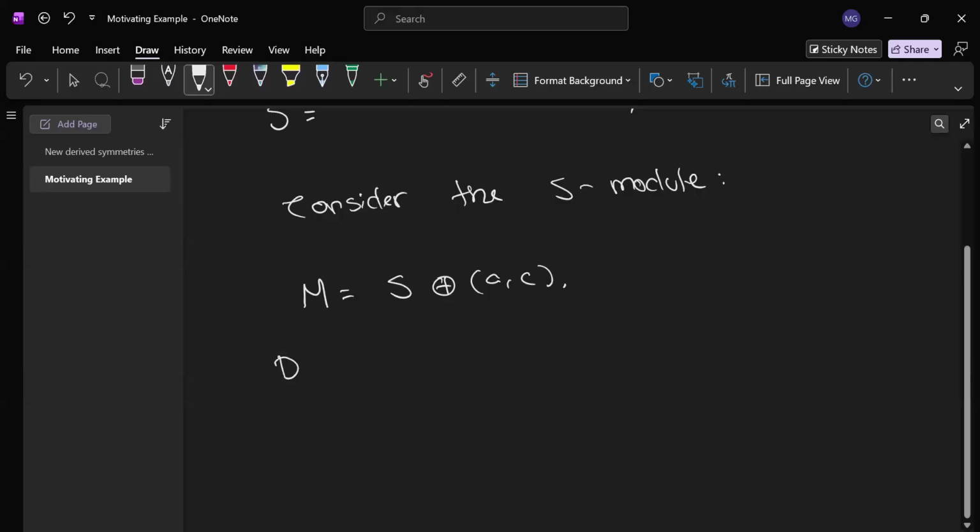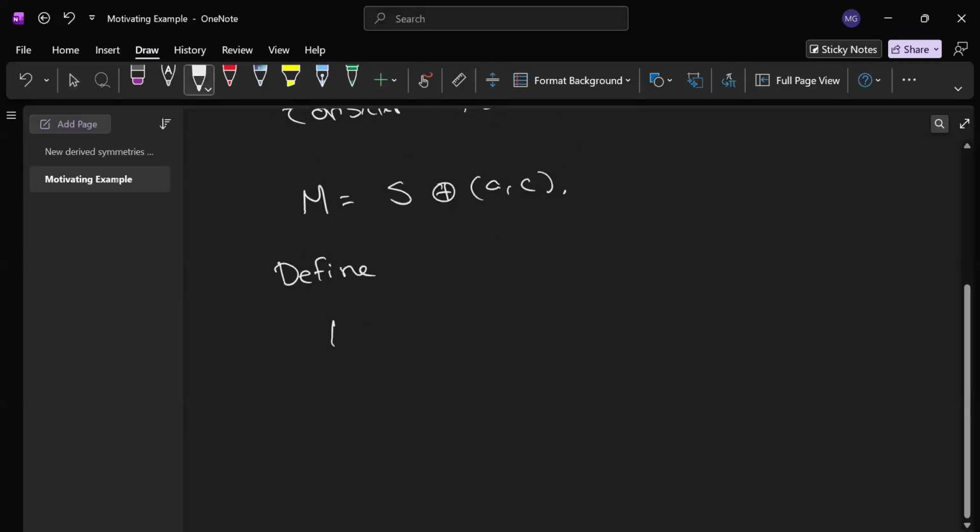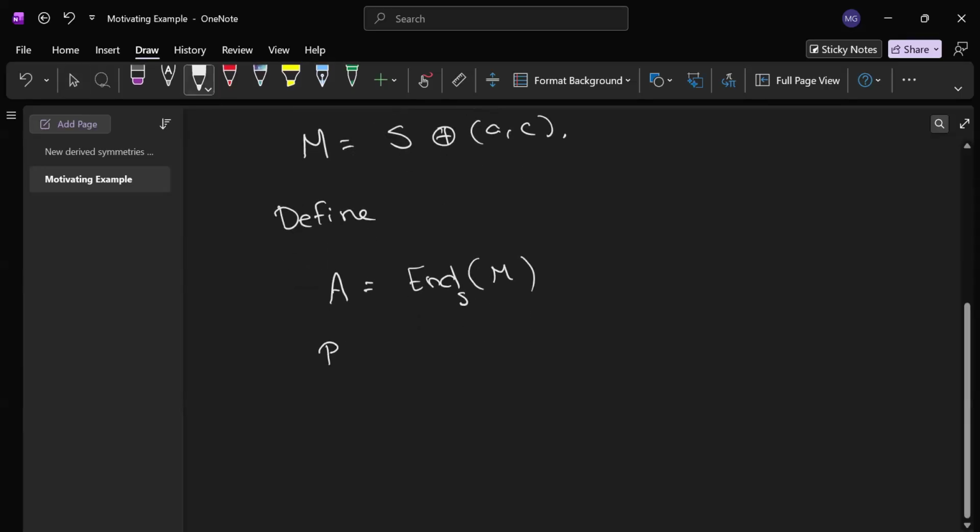Then we can define two algebras that we're interested in. First of all, we can define this algebra A, which is going to be the endomorphism algebra of M over S. And we can define B to be the stable endomorphism algebra of M over S.